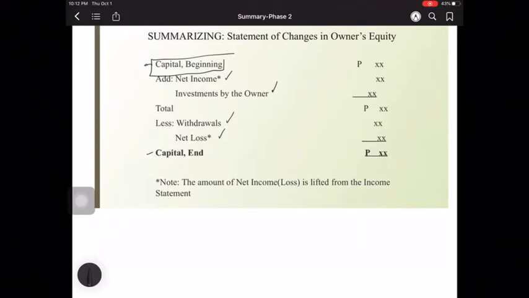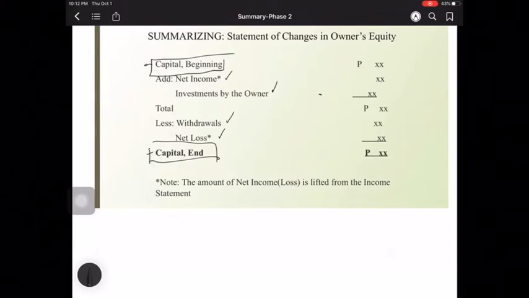So that when we incorporate the effects brought about by the four elements that we discussed a while back, we can already solve for the capital end.